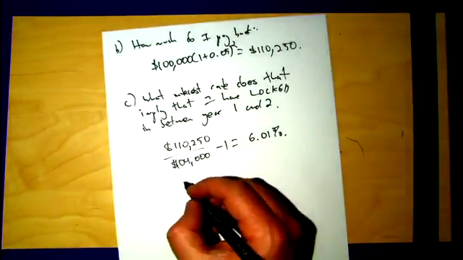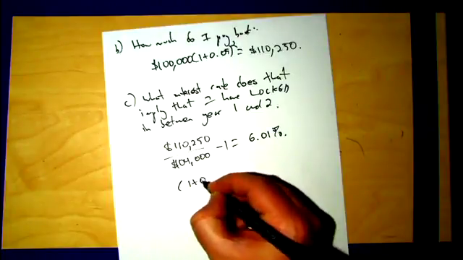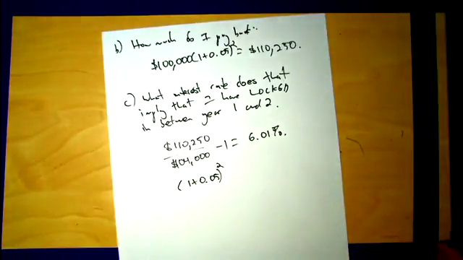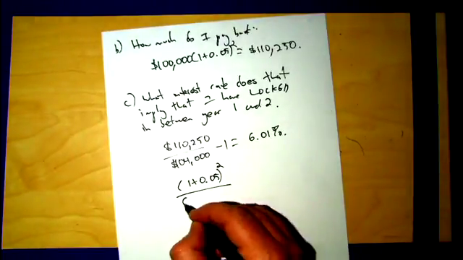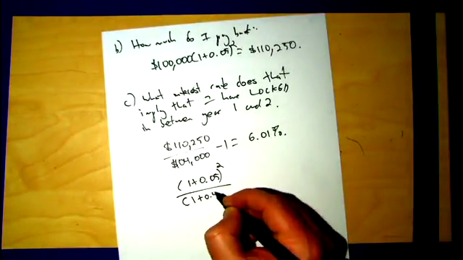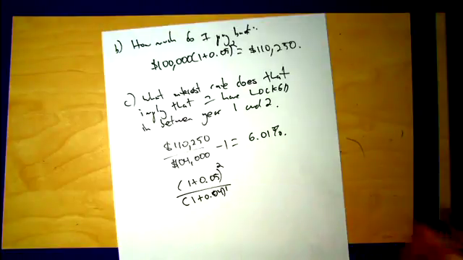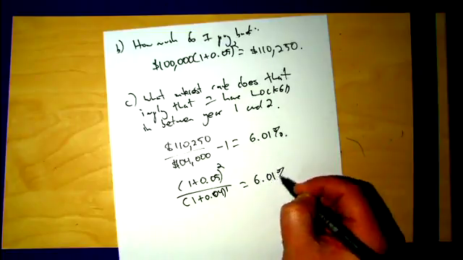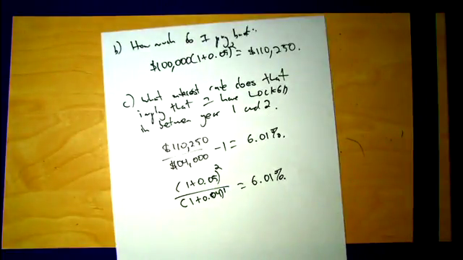Or I could say 1 plus the 5%, and I've got to pay that for 2 years, divided by the 4% that I invested for 1 year, and that also gives me 6.01%.